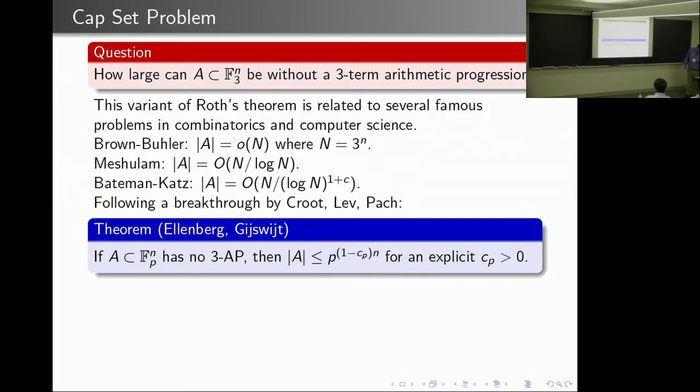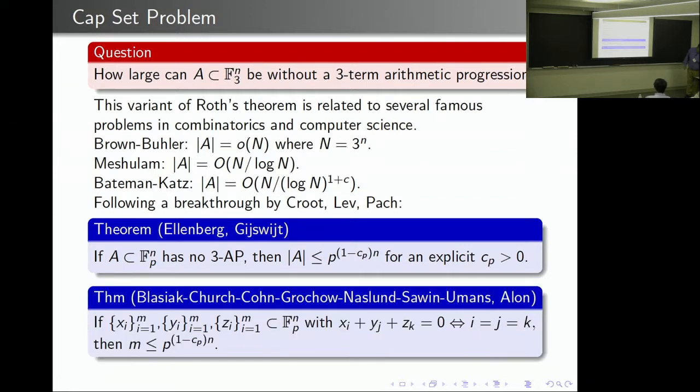And soon afterwards, it was observed by many people, there was a group of 7 authors in a paper where they were looking at more general settings, and also Noga Alon, where they showed that not only does it work for three-term arithmetic progressions, but it works for something called the multicolor sum-free problem. So if you have 3 subsets of F_p to the n, x_i's, y_i's, and z_i's, 3 subsets, and they each have size m.